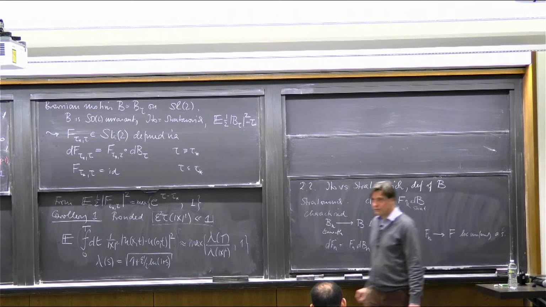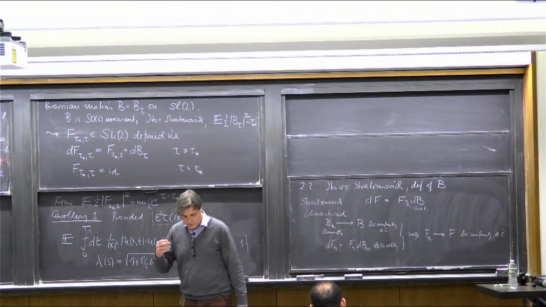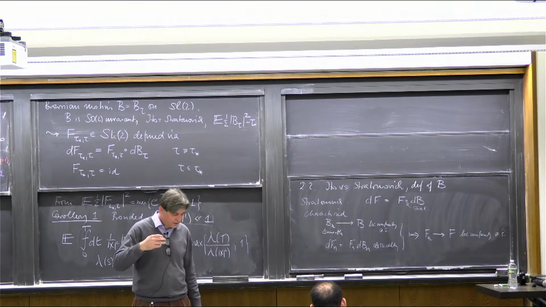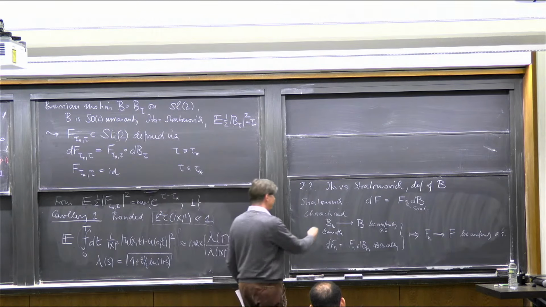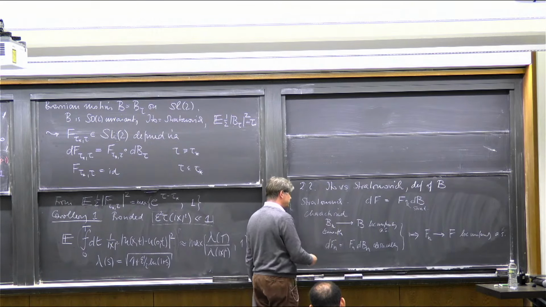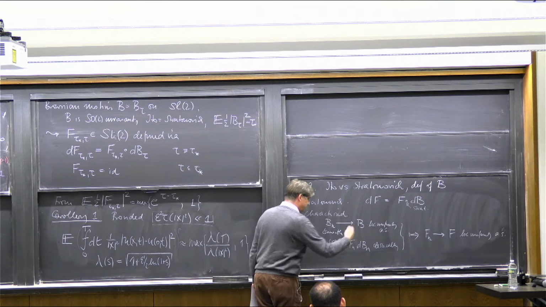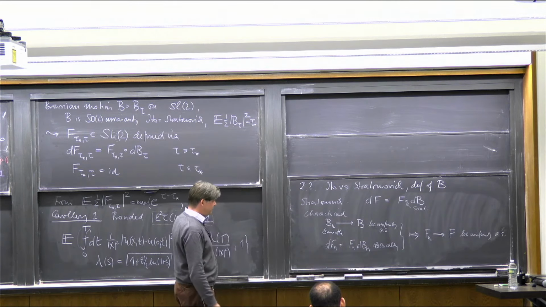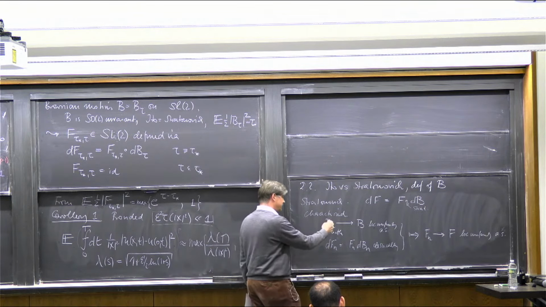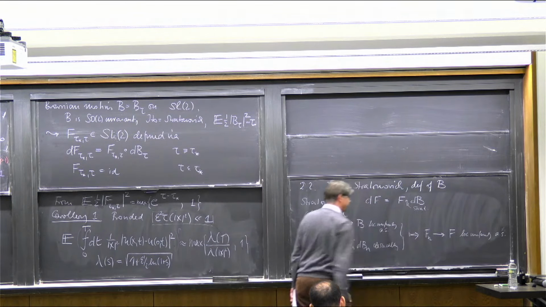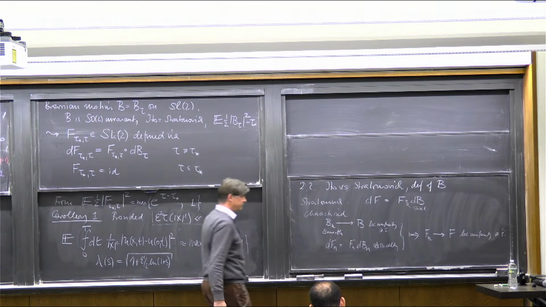So the best way to think about Stratonovich is that this is what you would get if you mollify your Brownian motion so that it's smooth, you solve the classical ODE, and then as you let the mollification parameter go to 0, your solution will converge to the solution of Stratonovich.